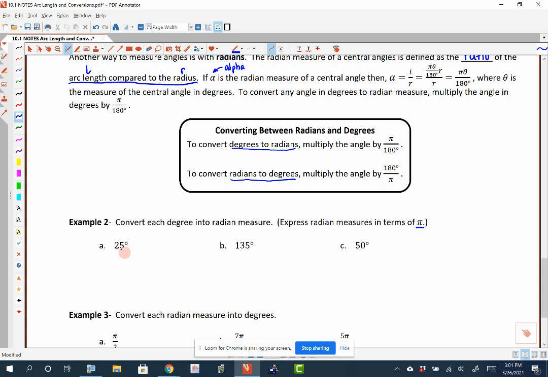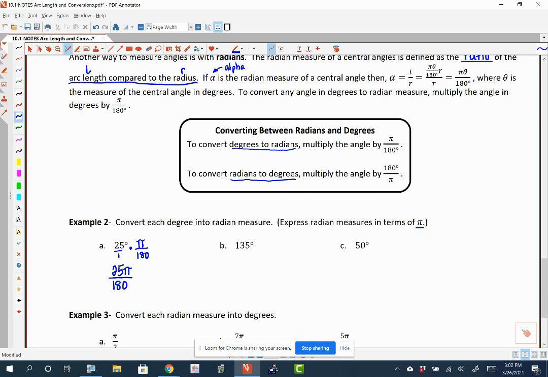So according to what we just went through, in order to take a degree and change it into radians, I have to multiply that degree by pi over 180. Well, we know this is really over 1. So if we multiply this, we end up with 25 pi over 180.